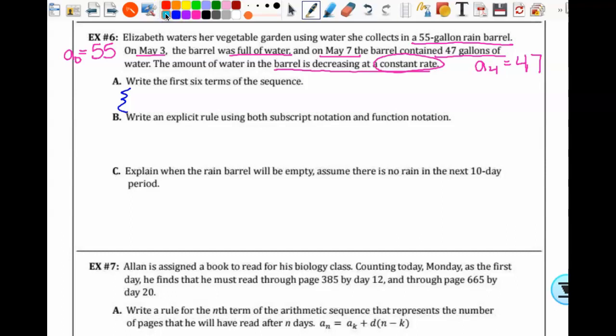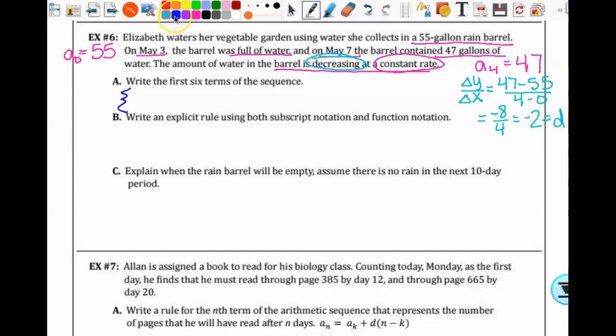So my delta y over delta x is 47 minus 55 over 4 minus 0. What is 47 minus 55? Negative 8 over 4. That gives me negative 2. That is d, my common difference. It's also my slope, right? And negative should make sense because it says it's decreasing at a constant rate.